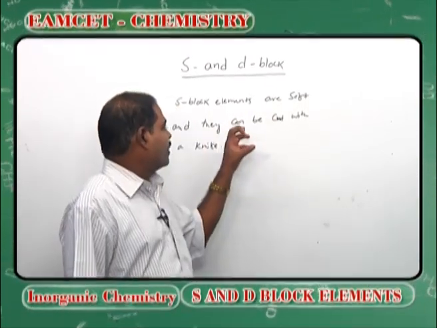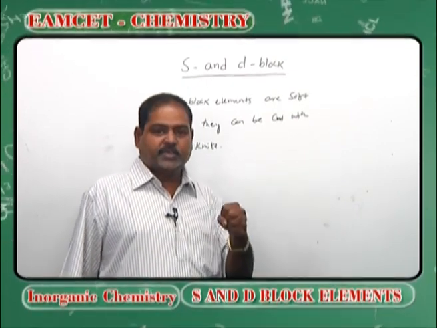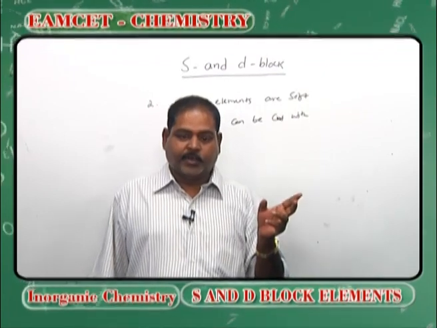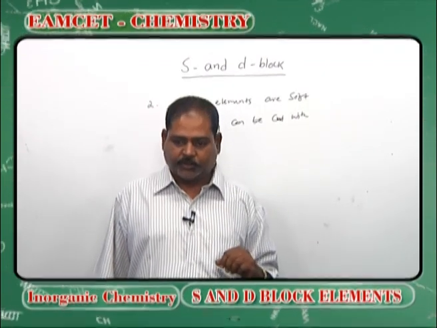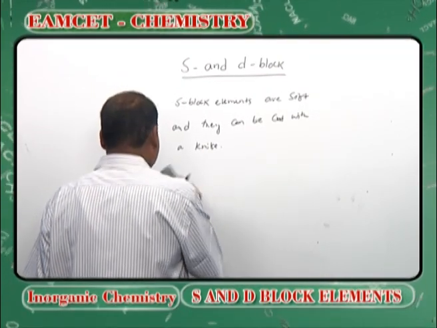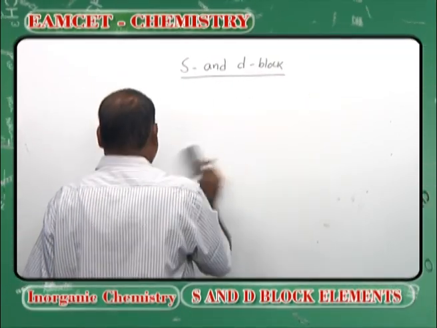When I say S block elements exhibit fixed oxidation states, I indirectly mean that D block elements exhibit variable oxidation states. Why is it like that? The answer to all these questions lies here.